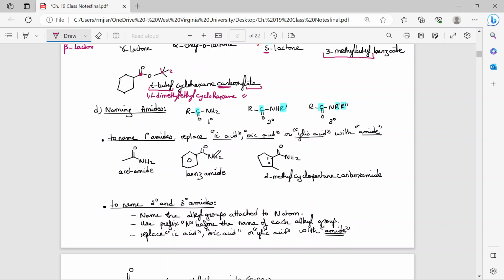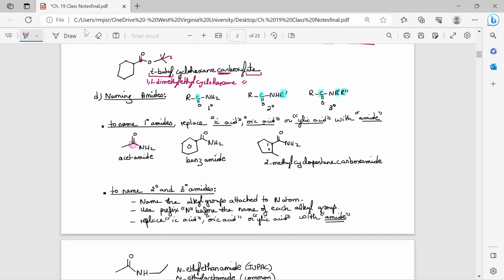Again, you drop the oic acid out now, and you replace it by an amide. Over here, if you want to name it as a carboxylic acid, it's going to be 2-methyl cyclopentane carboxylic acid. So now you are going to drop the ic acid out and replace it by amide. So it's going to be a carboxamide.